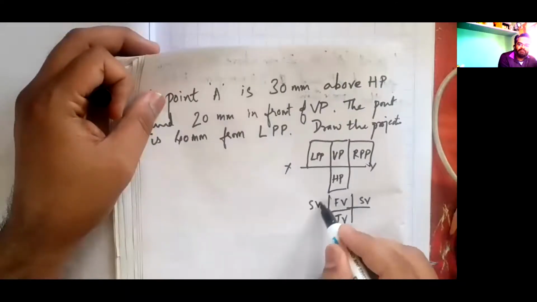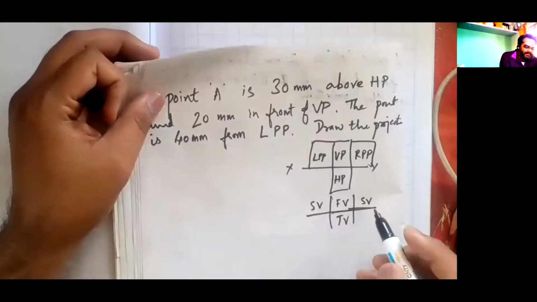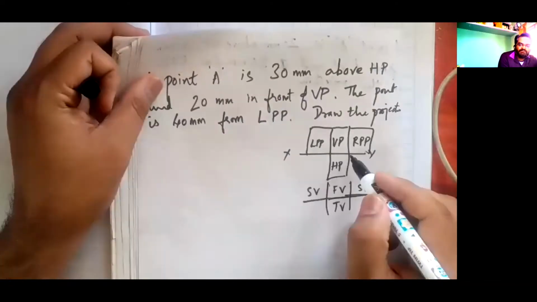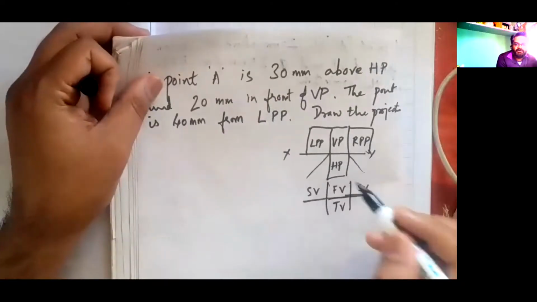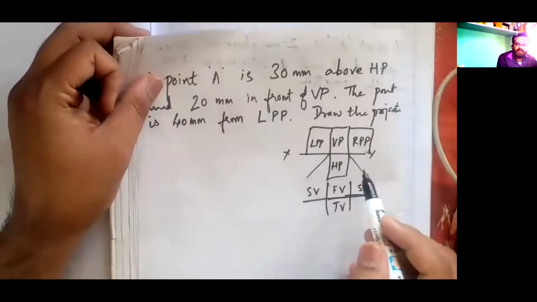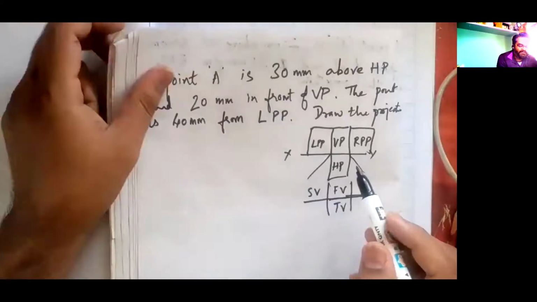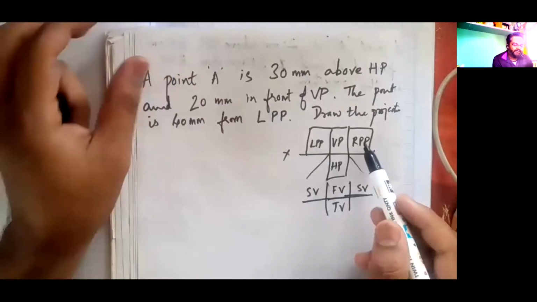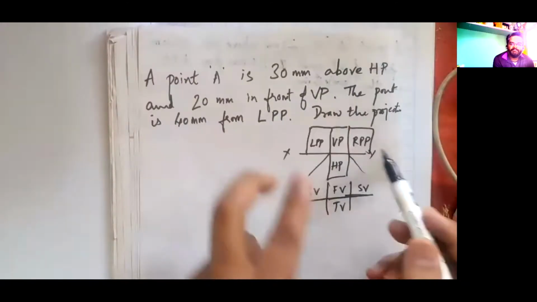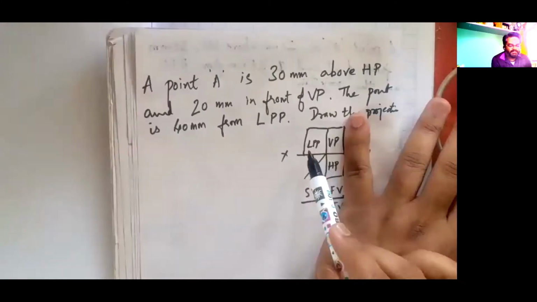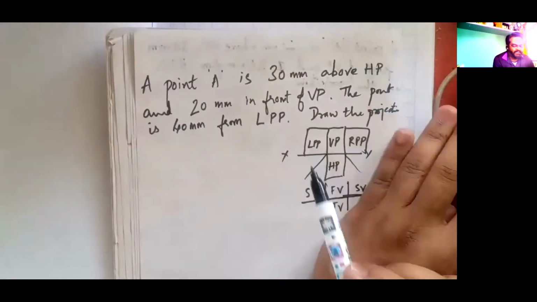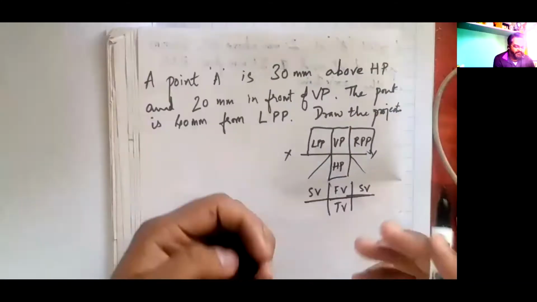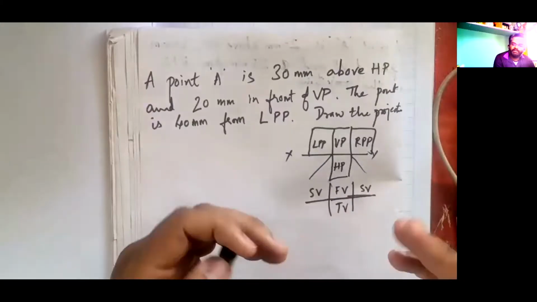And where will you draw the 45-degree line? Where there is no plane of projection, I am supposed to draw the 45-degree line. If it was the RPP case, I am going to draw the side view here. If it is the LPP case, then represent the LPP here. So imagine some object is kept in the first quadrant. Front view you represent here and top view you represent here.